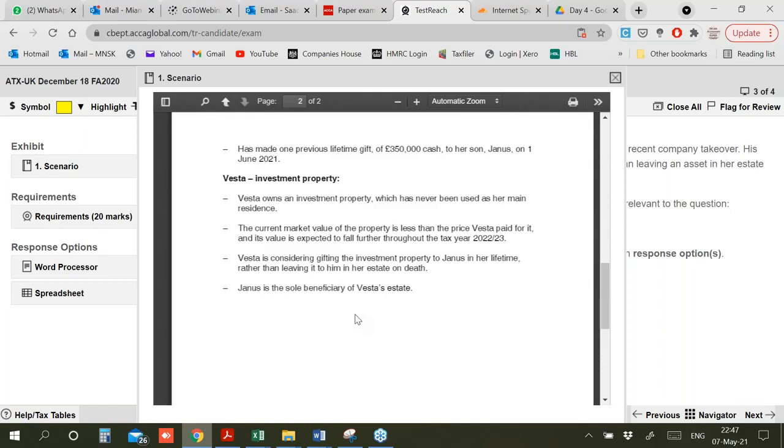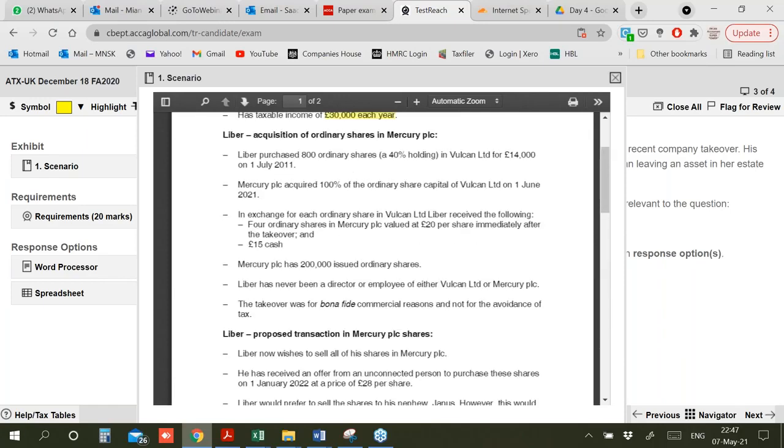If she leaves it in her estate on death, then he will inherit it at the probate value, that is the market value at death, and he will have to pay any IHT on that after the availability of the nil rate band. Janus is the sole beneficiary of Vesta's estate. That's fine, we will discuss this part later on.